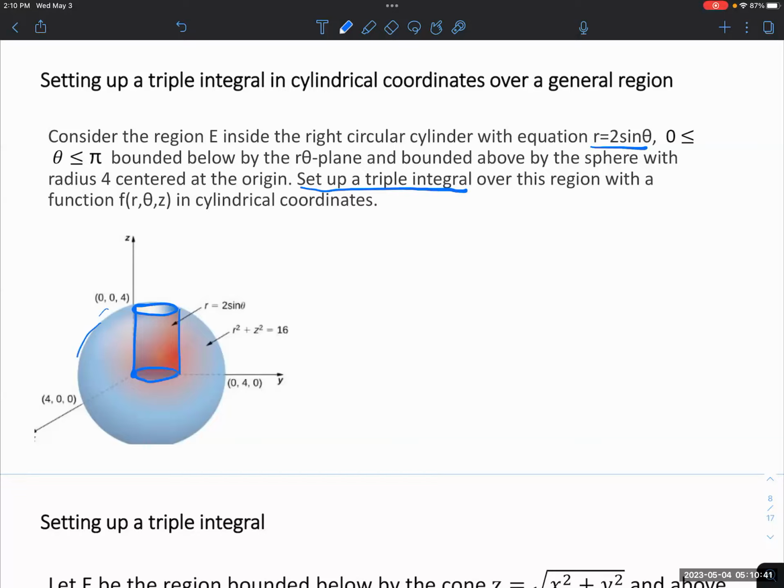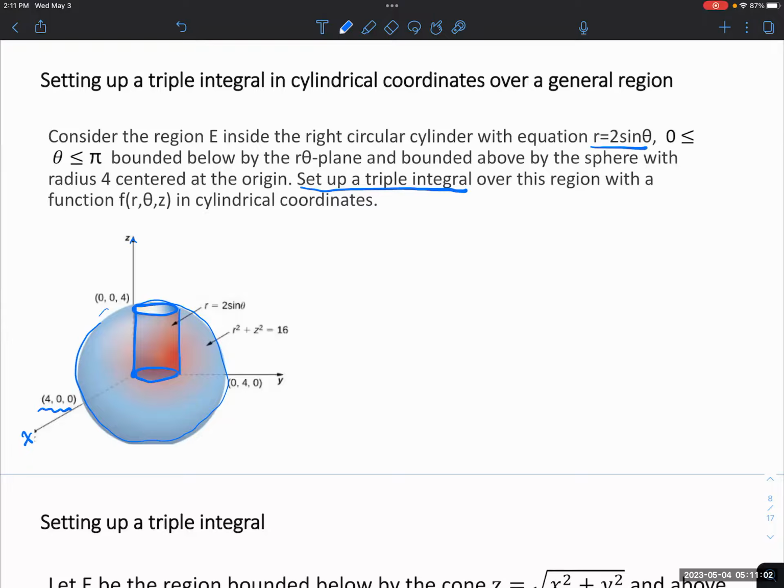Another one is a whole sphere. And they said the sphere has a center at 4, so you can find 4,0,0 on the x-axis, 0,4,0 on the y-axis, 0,0,4 on the z-axis, because that is the center for the sphere shape.